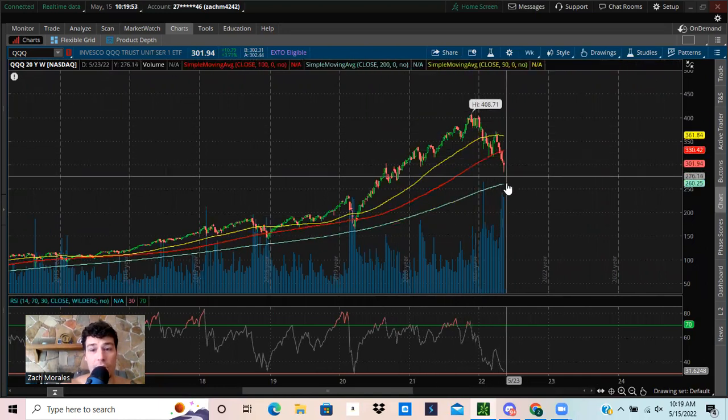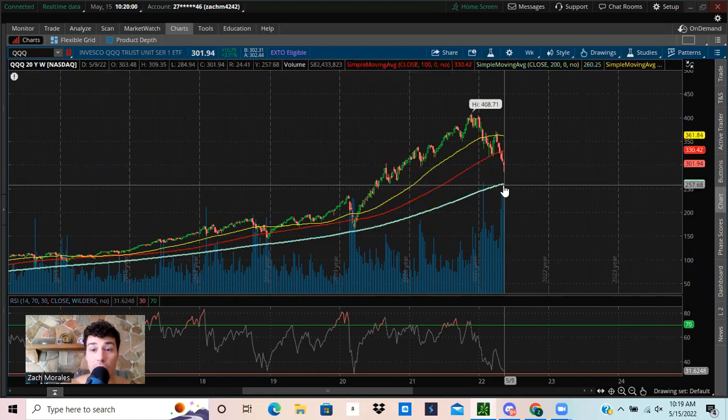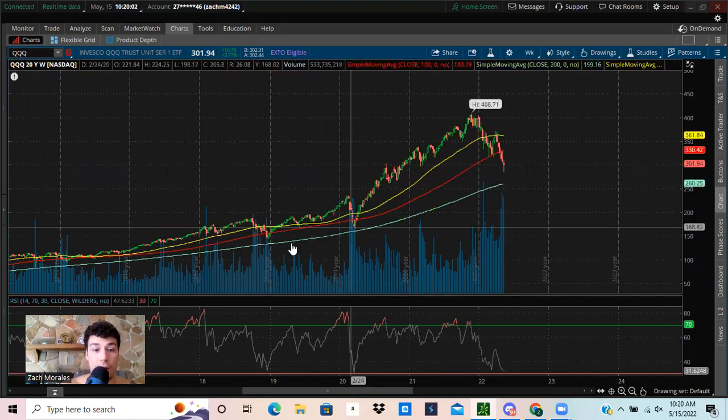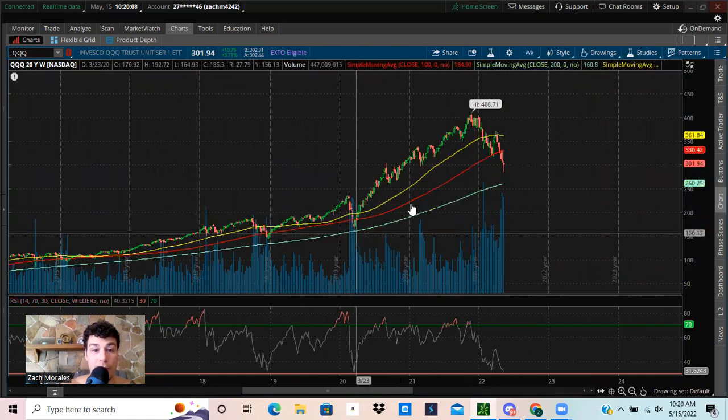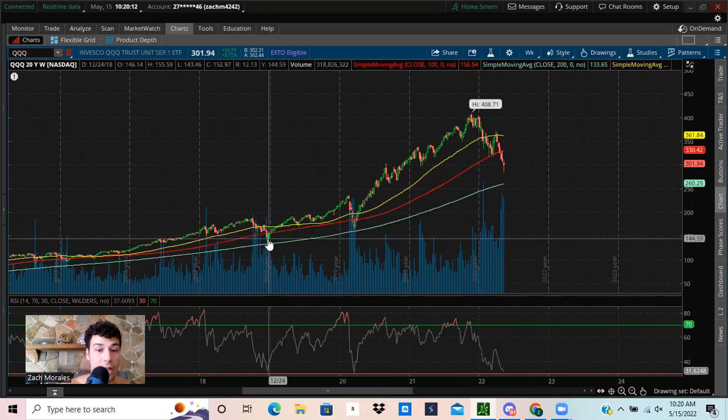We're starting a downtrend. Maybe I would want to wait to start accumulating some more positions based on the weekly chart once we get closer to our 200 SMA. We've fallen below the 100 SMA, and now we're heading towards the 200 SMA. I can see it's bounced here nicely right around the 200 SMA in the past. It's bounced here nicely around the 200 SMA in the past.